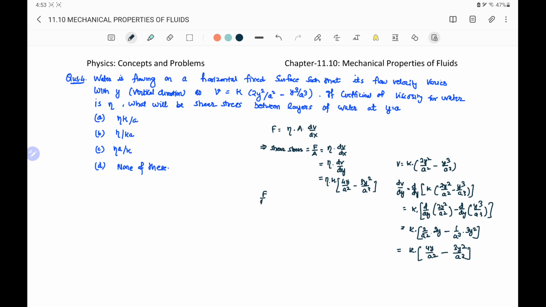So shear stress F by A at y equal to a will be equal to eta into k into, now replacing y with a, 4a/a² − 3a²/a³. Simplifying, it is eta k (4/a − 3/a), and it will give eta k into 1 by a. So finally we will have eta k by a. Hence option A is the correct option.